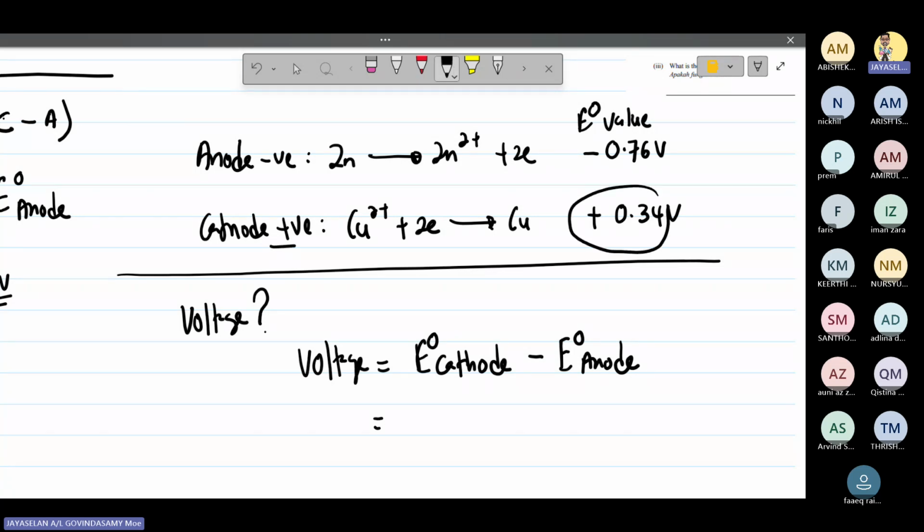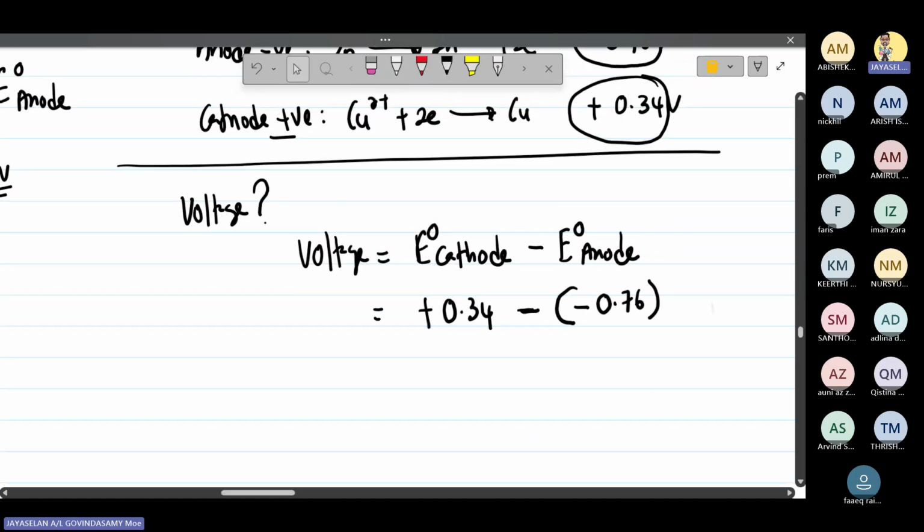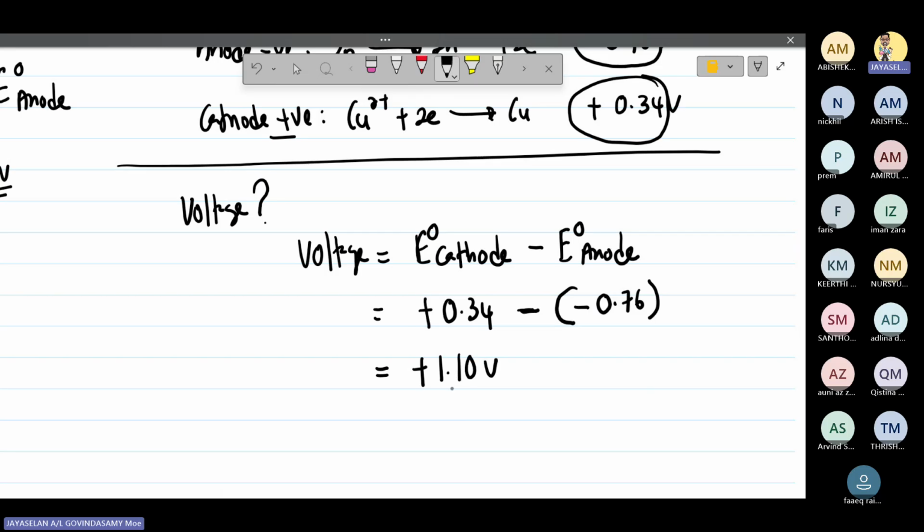Take the sign too: positive 0.34 minus, and anode you must also take the sign, open the bracket, negative 0.76. What is your answer? Use the calculator. You will get positive 1.10 volt.